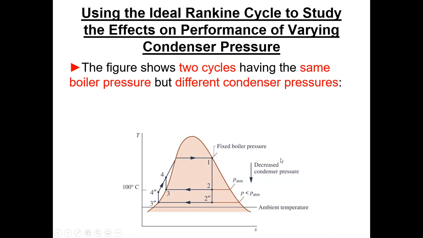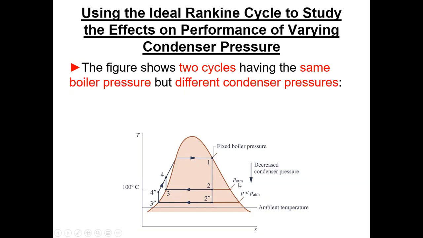We see the initial cycle, 1, 2, 3, 4, 1, showing the condenser pressure to be just atmospheric pressure. At atmospheric pressure, heat transfer occurs at 100 degrees C, because that's the saturation temperature that goes with 1 atmosphere of pressure, okay?